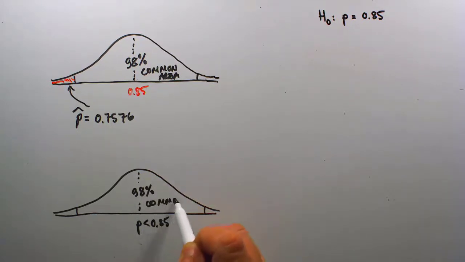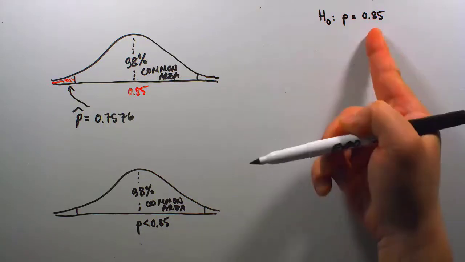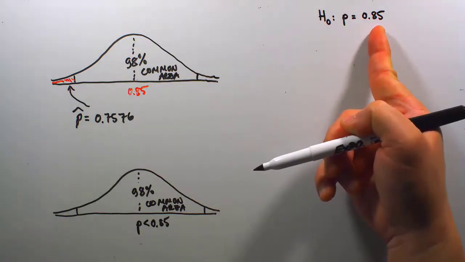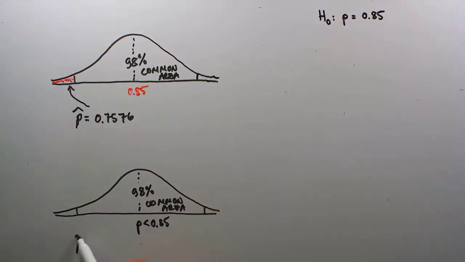But if the claim is brought down to a value low enough and far enough from 0.85 that the same p hat we used would turn out to be no longer in the unlikely area, but instead in the common area, then in a case like that, we would say that p hat is not strong evidence.